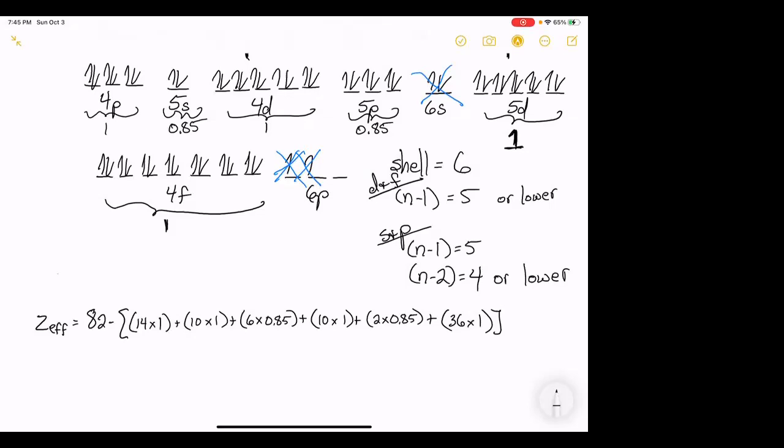And when I get this, I got 5.20 if I keyed it into my phone correctly.